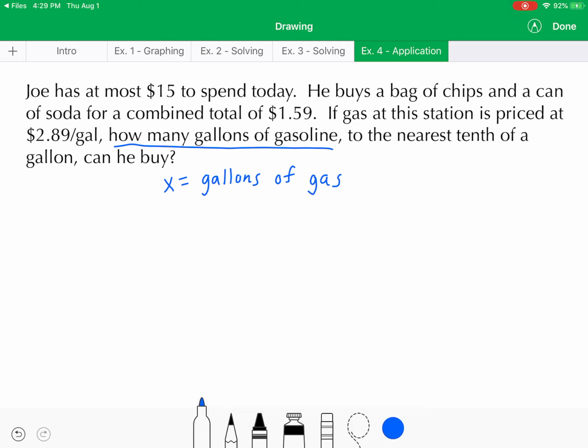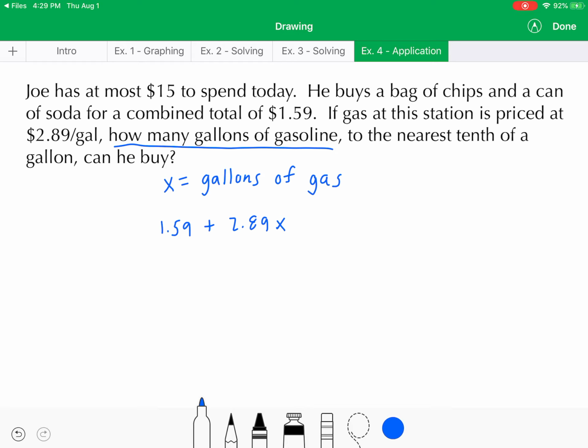Okay, so the way this is set up, he's buying a bag of chips and a can of soda for $1.59. So that's a fixed number. And you add that on to the cost of the gasoline. So it's $2.89 per gallon, right?